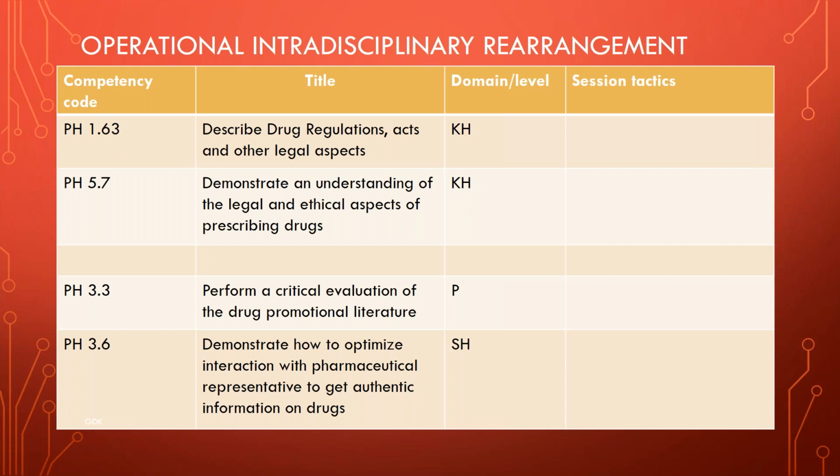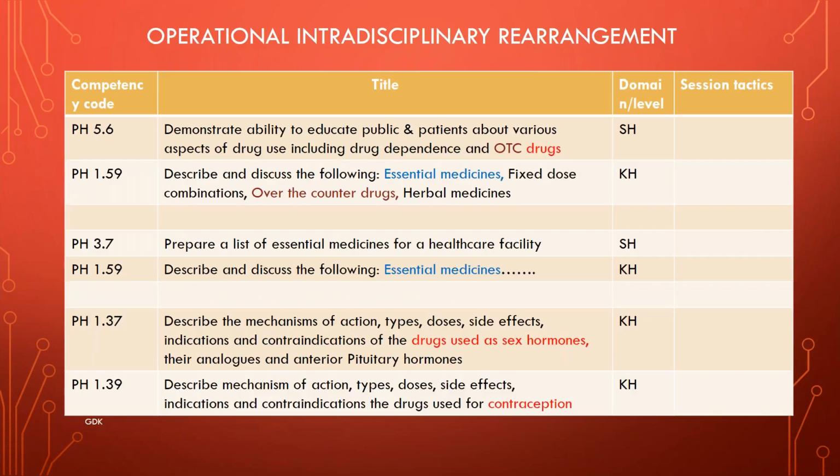PH 3.3 and 3.6: perform a critical evaluation of drug promotional literature, again an interaction with the pharmaceutical representative. So they are more or less related. Therefore, these two would have common or consequential SLOs, and both are in the skill session. Many examples are there. For example, PH 5.6 and PH 1.59, where common is OTC drugs.